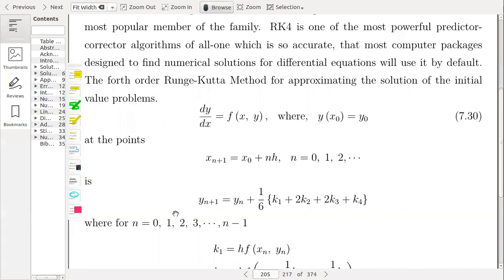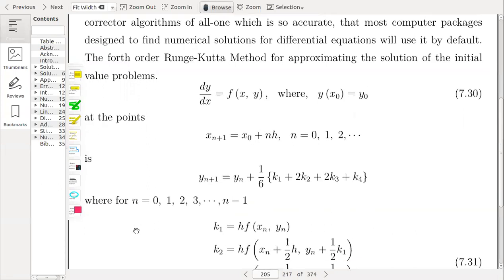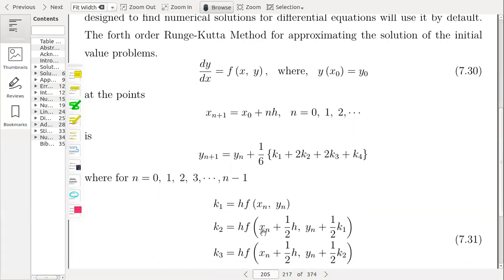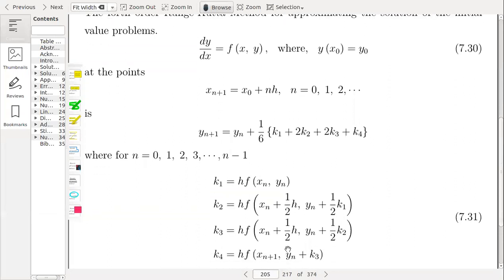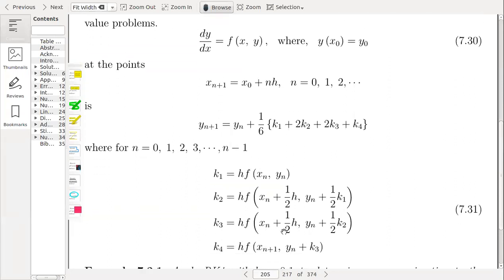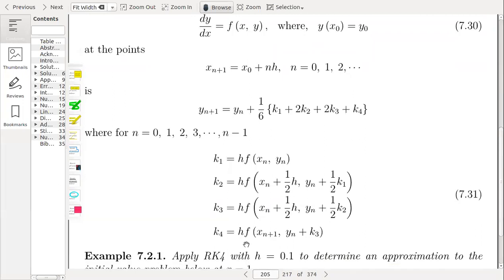So what is the Runge Kutta method? It is a simple formula: yn plus 1 is equal to yn plus 1 by 6 of k1 plus 2k2 plus 2k3 plus k4, where for n is equal to 0, 1, 2, 3, up to n minus 1, k1 is evaluated directly as h f of xn, yn, and k2 is h f of xn plus half h, yn plus half k1, and k3 is h f of xn plus half h, yn plus half k2, and k4 is h f of xn plus 1, yn plus k3.